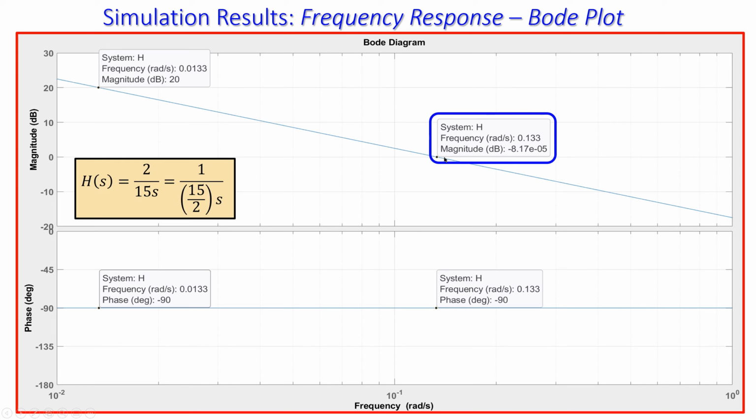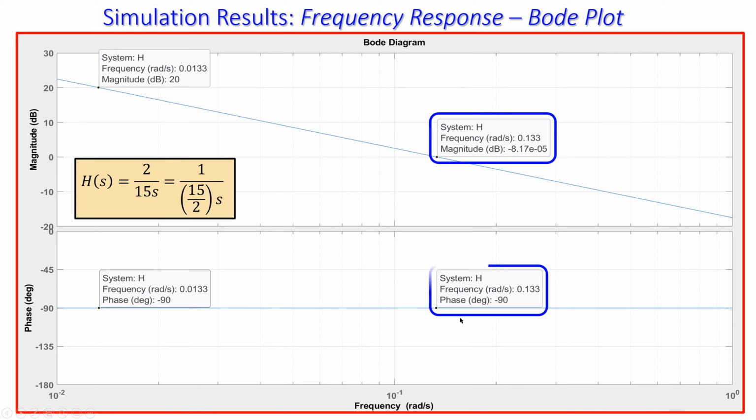Now this value here is a nice check to determine that this function is correct. You can see that the magnitude here is approximately 0. It was impossible for me to get it exactly at 0, but this is really close to 0. It's very small. You can see the frequency here is 0.133. And how can we determine this frequency, and where do you see that in our transfer function?